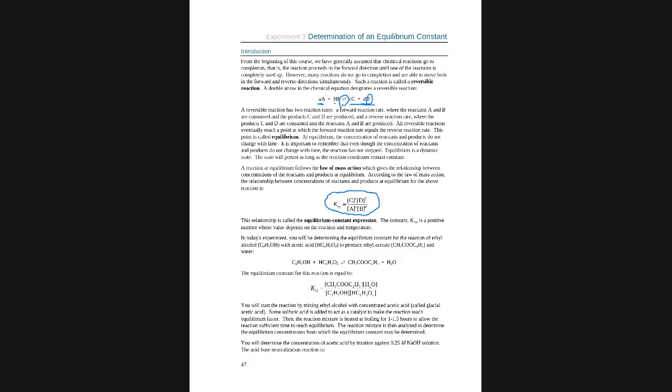What else do we need to know about the equilibrium constant that is important? If you look at how the equilibrium constant is written, you have C and D in the numerator, up, and A and B in the denominator, down. C and D, what is that? It's products. And A and B, what is that? It's reactants.